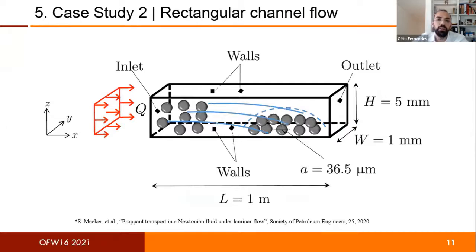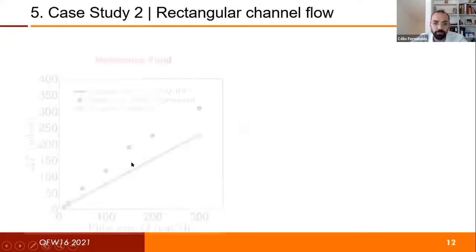Then we proceed with a rectangular channel flow geometry, and here it is known that it is very important for proppant suspension flows. And you can see the paper from Meeker et al. in 2020, where they studied the proppant transport in a Newtonian fluid. We first validated our solver with a Newtonian fluid, and then we went to the viscoelastic one.